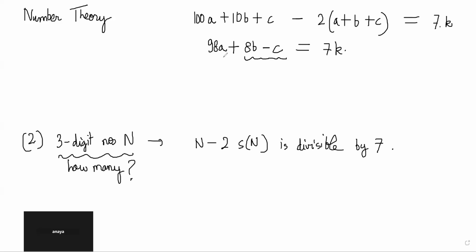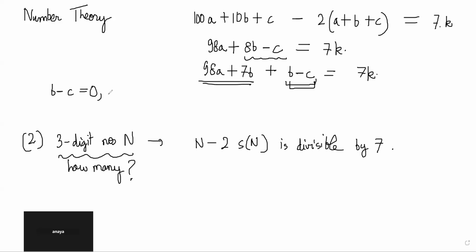You can write it like this: 98a plus 7b plus b minus c, right? This part is anyway divisible by 7, so you need to make the rest divisible by 7. So b minus c should be divisible by 7. Your options are b minus c could be 0 or 7. b equal to c is not the only possibility.